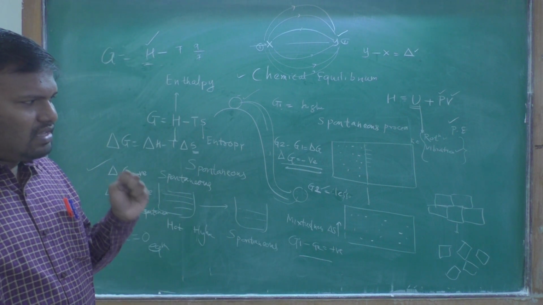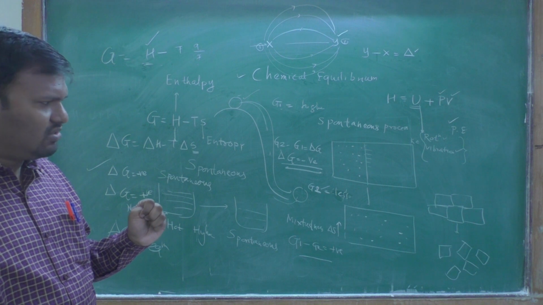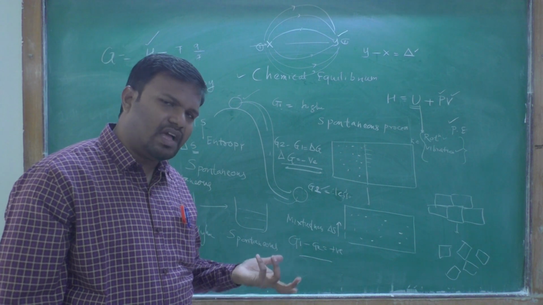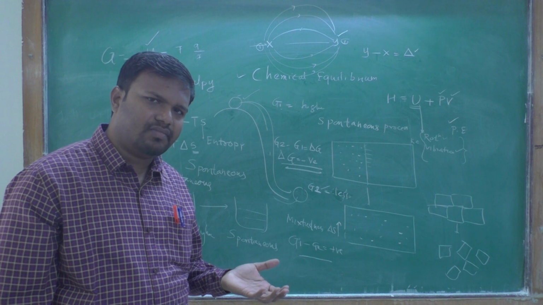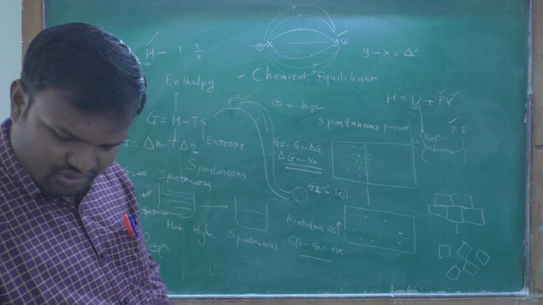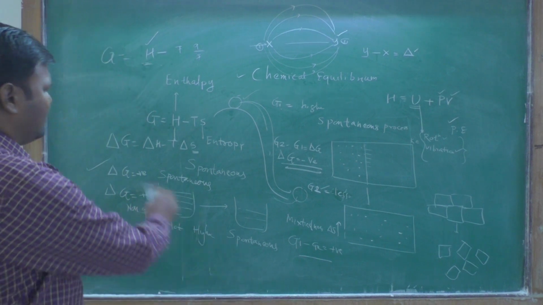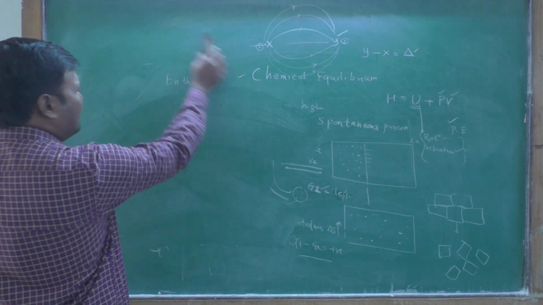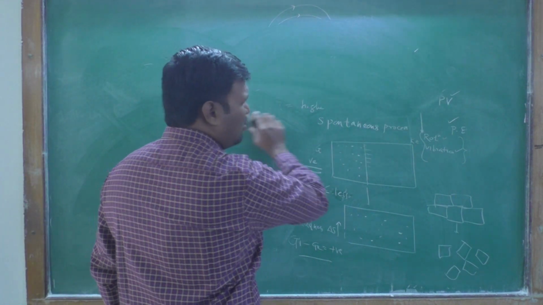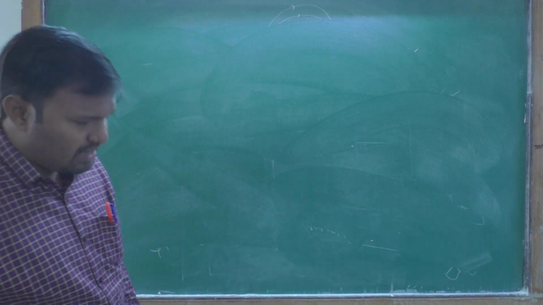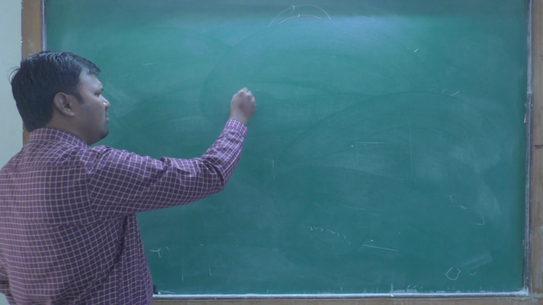Therefore if G is less, your system is stable, and if G is higher, your system is unstable. As a chemist we are interested in whether the reaction is spontaneous or non-spontaneous.